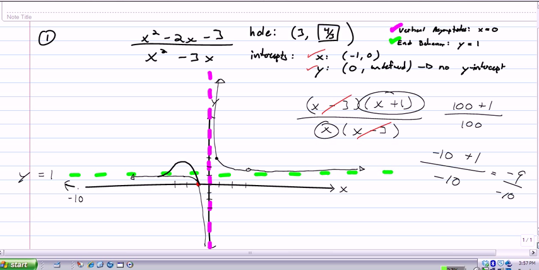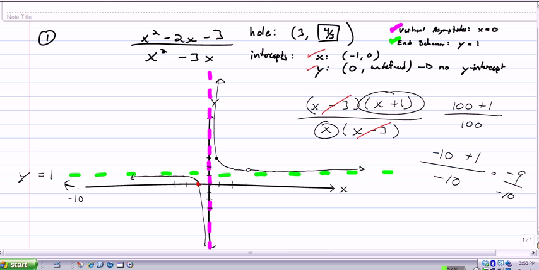You just need to make sure as you draw it that your curve is following the asymptote from the bottom. From the bottom side, you are getting closer to that y equals 1 line. So this would be a great answer right here, the graph you're looking at for number 1.